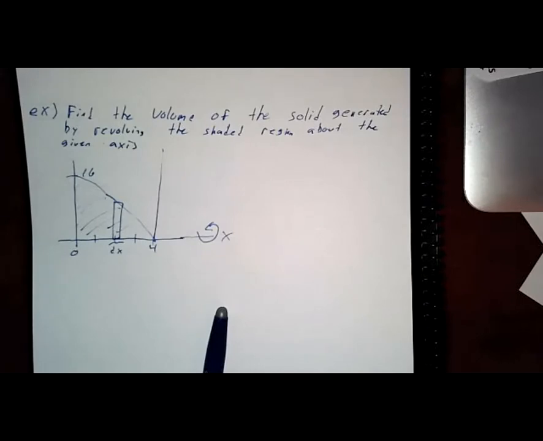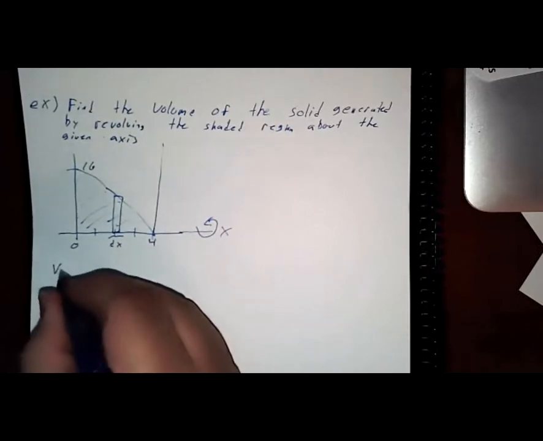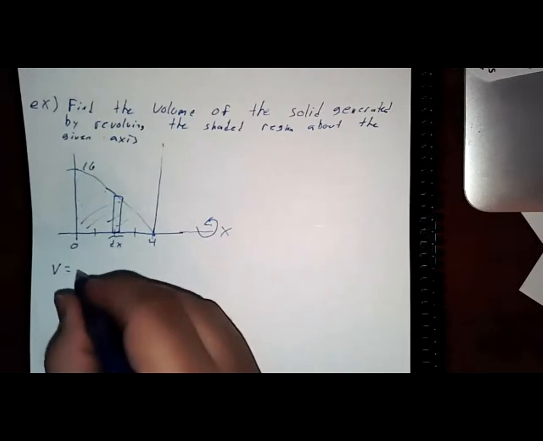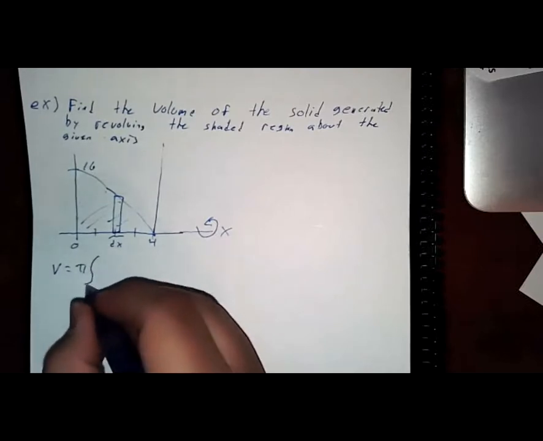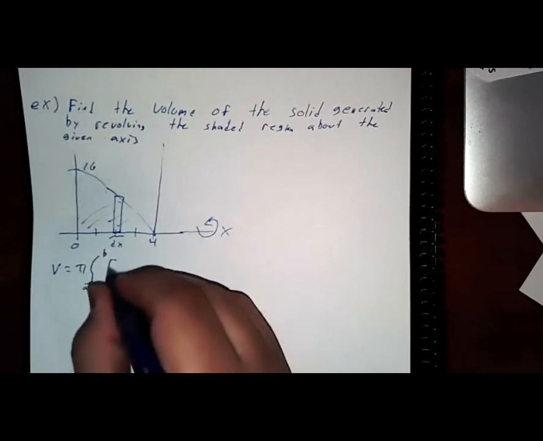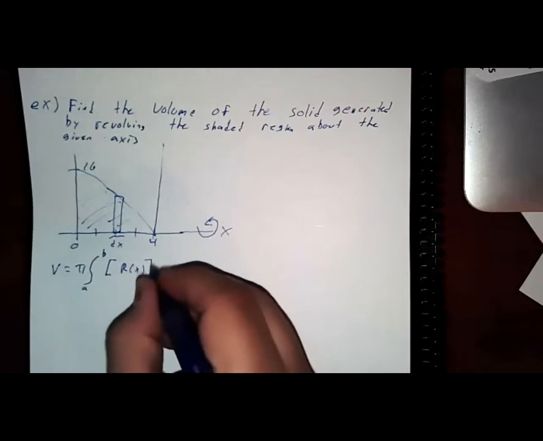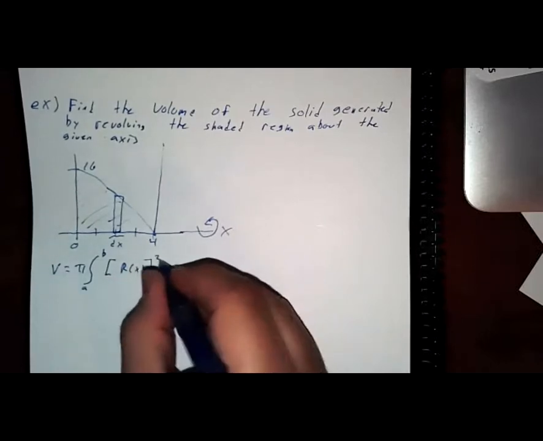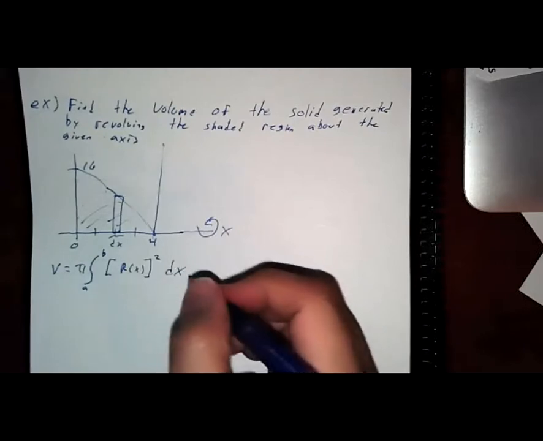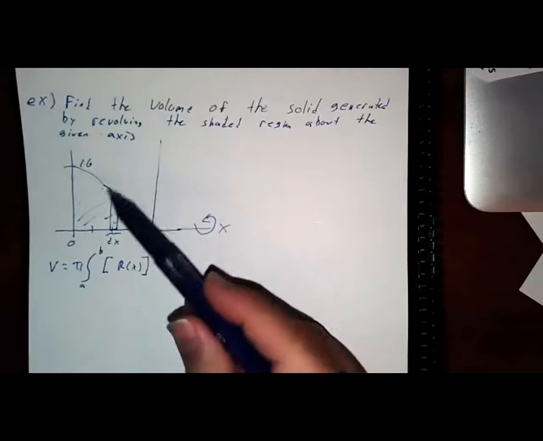Okay. So the volume will equal to pi times the integral of a to b of r of x squared. So the radius squared, we simply find by subtracting the top minus the bottom.